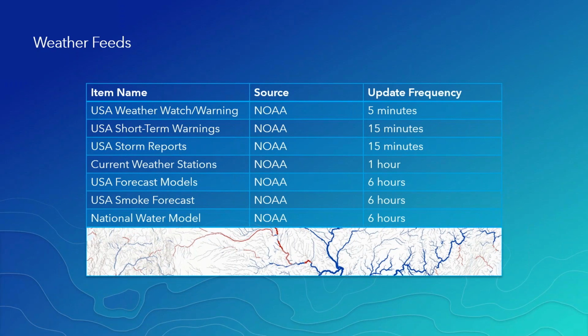The NDFD are really great because they pull the numerical model from NOAA, but then the individual forecast office goes through and tweaks that with their own site-specific knowledge. So you're getting the best information from both the advanced computer modeling that NOAA provides, and then the years of experience of local weather forecast offices that know the little idiosyncrasies of weather in an area. And again, we have the same for smoke forecast across the United States.